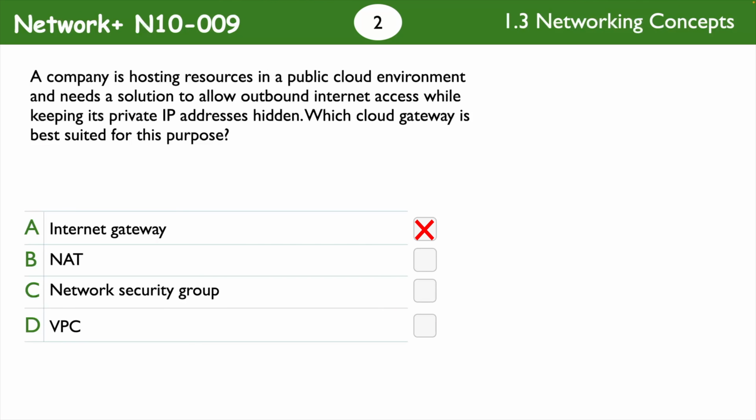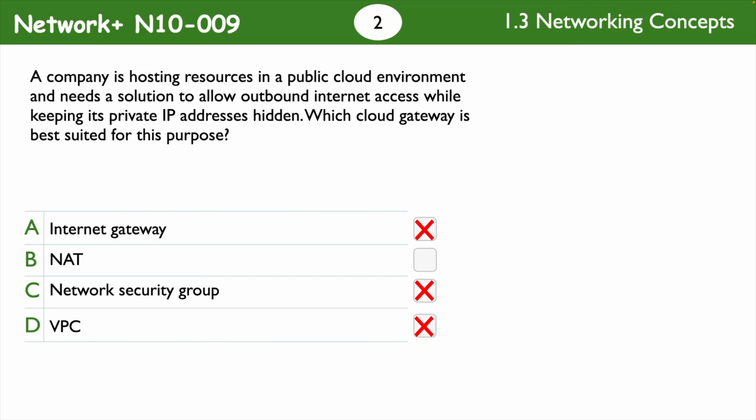Next, we can go ahead and rule out C, a network security group that acts as a virtual firewall to control inbound and outbound traffic to resources, but it has nothing to do with keeping IP addresses hidden. And then finally, we can rule out D. A virtual private cloud is a logically isolated section of the cloud where resources are deployed.